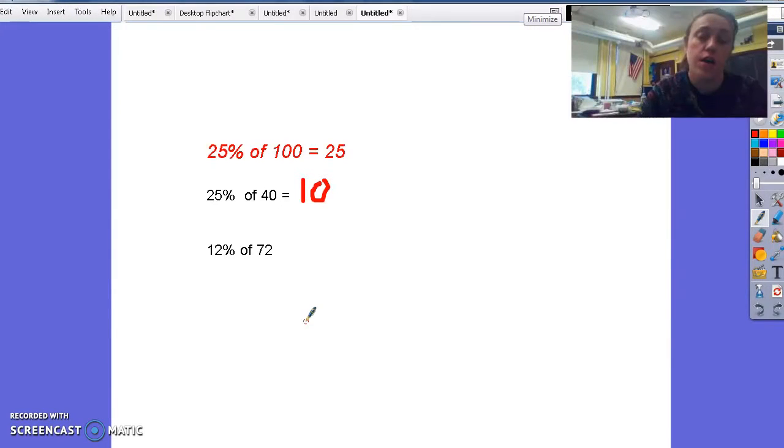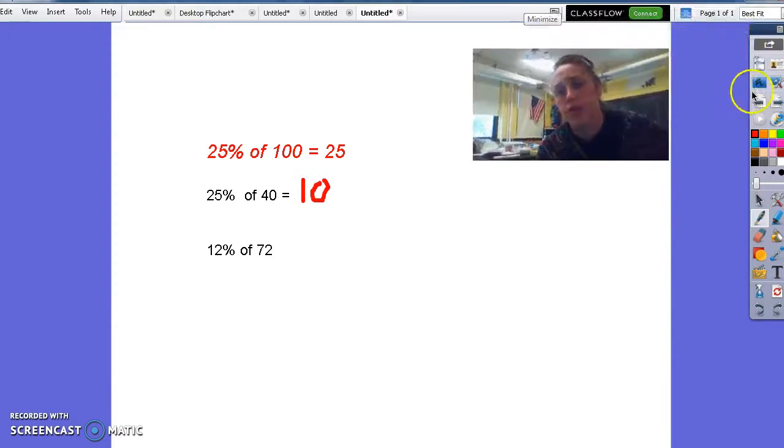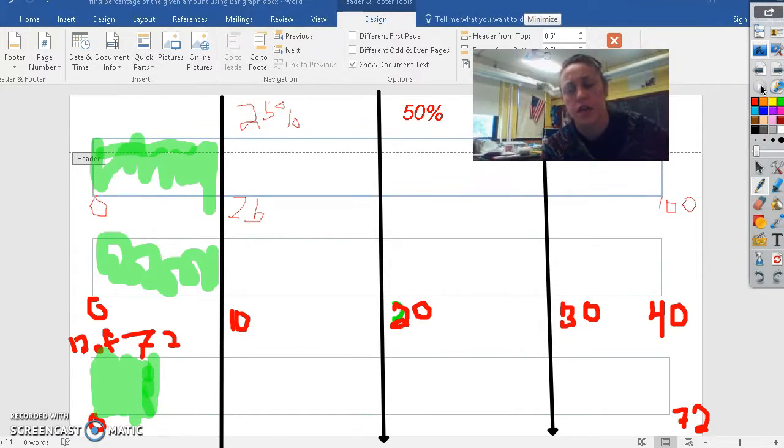I'm sorry. So 12%, if I go back to the screen here, 12% of 72 is just right here. This is a pretty big jump, but from here to here is 36. How did I get that? I divided it by 2. So half of 36 is 18 there.